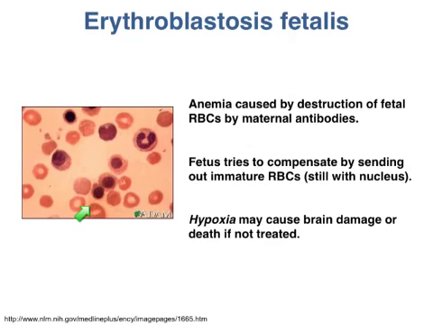So it's typical to see these immature red blood cells in the blood of an infant with erythroblastosis fetalis. Since their red blood cells are being destroyed, their blood can't carry sufficient oxygen, and the lack of oxygen can cause brain damage or even death if it's not treated. It can be treated by a blood transfusion. You can actually do a blood transfusion before birth.